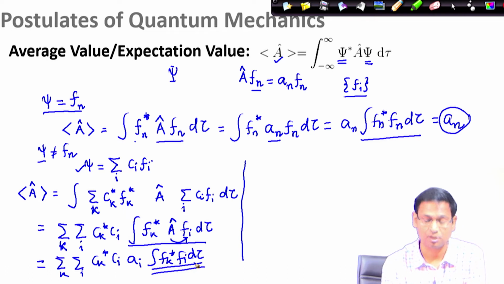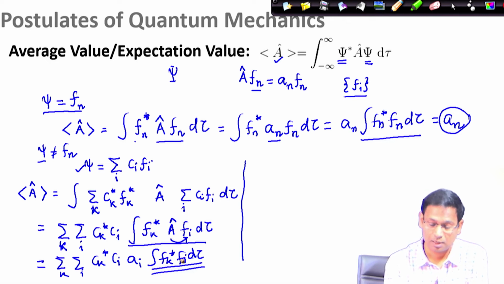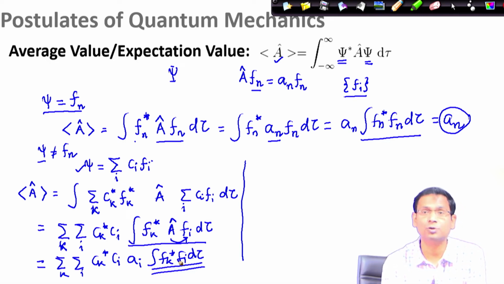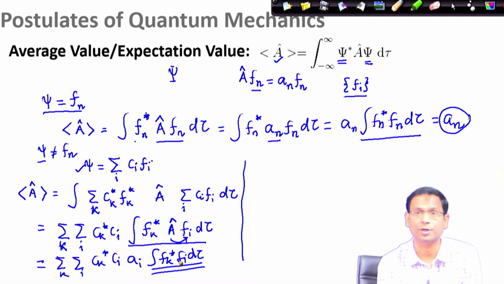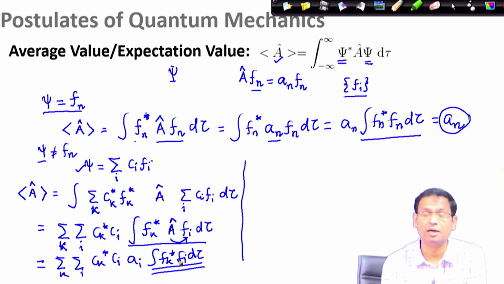This integral we already have seen. What is this? This is an overlap integral between two eigenfunctions f I and f k. We know that f I and f k are two eigenfunctions of a Hermitian operator A. So, they are orthonormal. So, that means I can replace this with a Kronecker delta function.